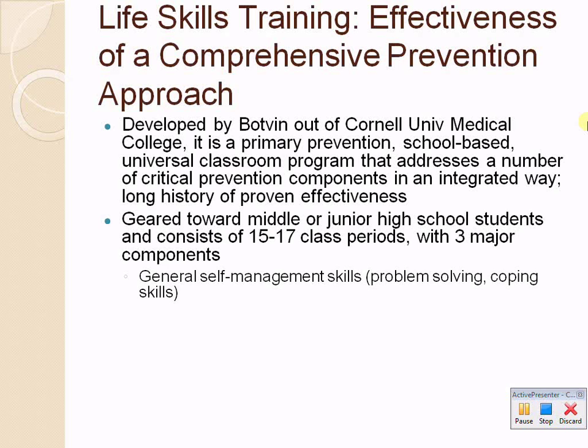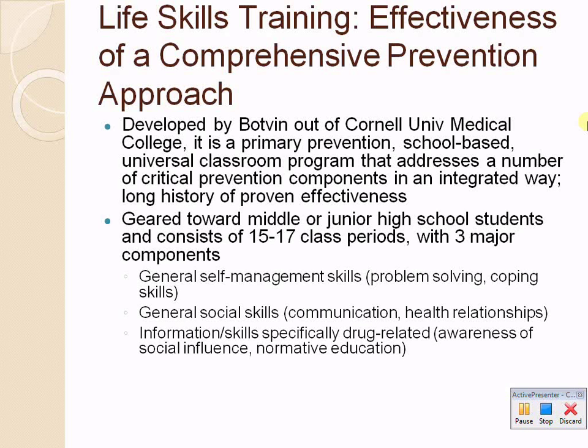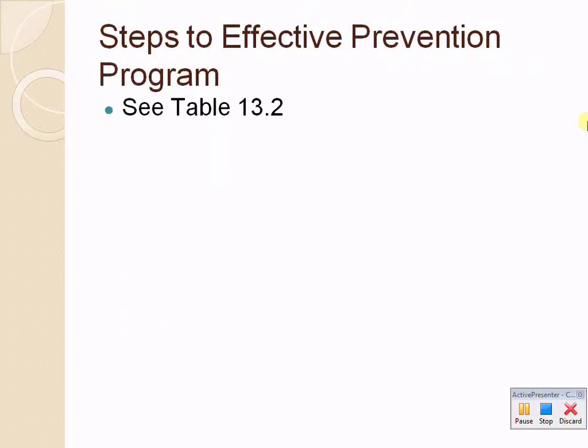General self-management skills, which we talked about, I think, before, which is problem-solving, coping. General social skills, which is that communication, healthy relationships. And then the information skills specifically towards drug-related actions. So the awareness of social influence, the normative education.